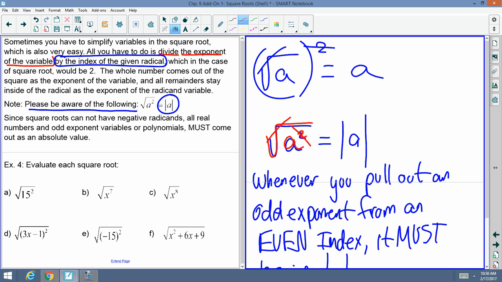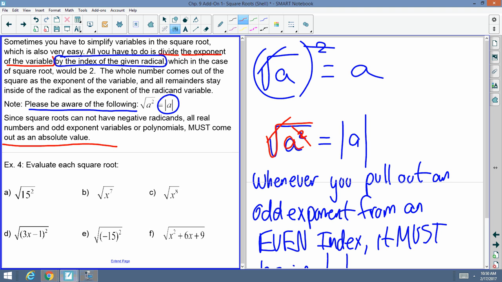So I took out something from the radical. And whenever I take out an odd exponent from an even root, it must come out an absolute value. Last thing, since square roots cannot have negative radicands, all real numbers and odd exponent variables or polynomials must come out as an absolute value. Just another reminder of that.